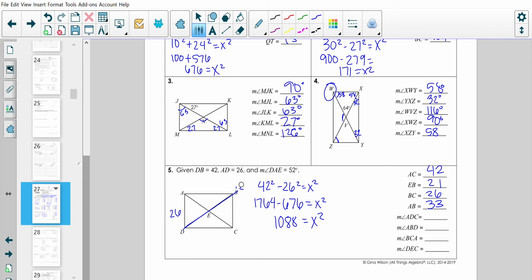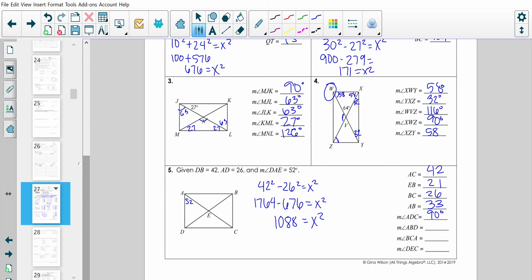Now they also tell us about an angle here. So we know that DAE is 52. What is ADC? 90. What is ABD? 38.